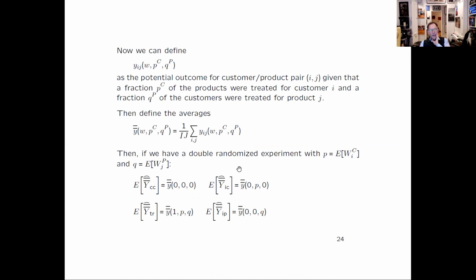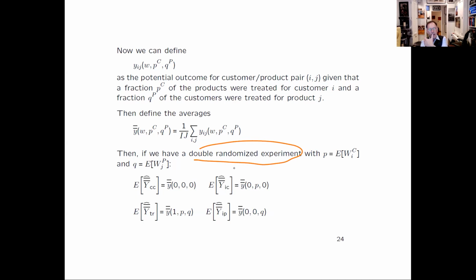And then if you have the type of double randomized experiment that we looked at before, where we have a fixed fraction of treated customers and a fixed fraction of treated products, the average outcomes in these four groups can now be expressed in terms of these population averages of the potential outcomes.